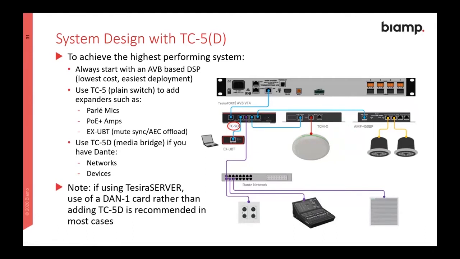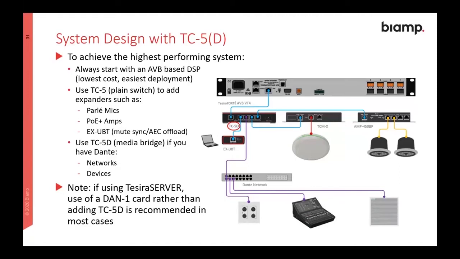And if you're using a Tesira server, that's our big DSP with the 3-rack unit device with the cards, if you're familiar with it, we do offer a DAN1 card as an interface option. And we wouldn't really encourage using TC5D with the Tesira server, because one would expect that if you're using a Tesira server, the system is already quite complex. You might likely need a bigger switch.